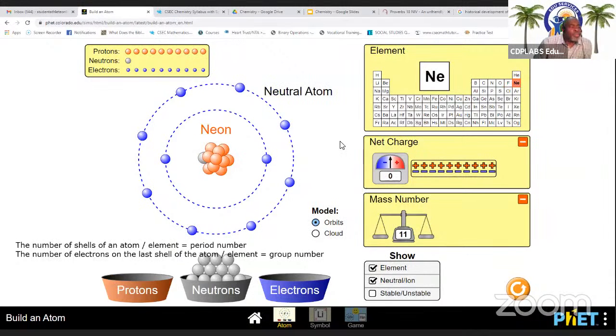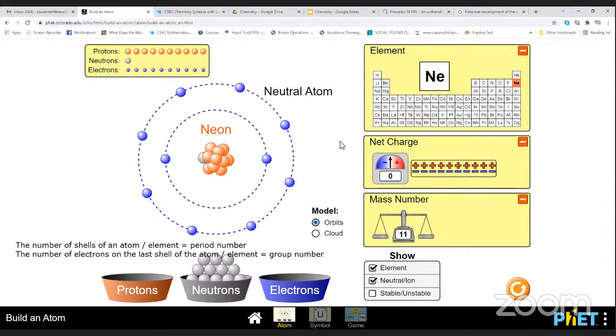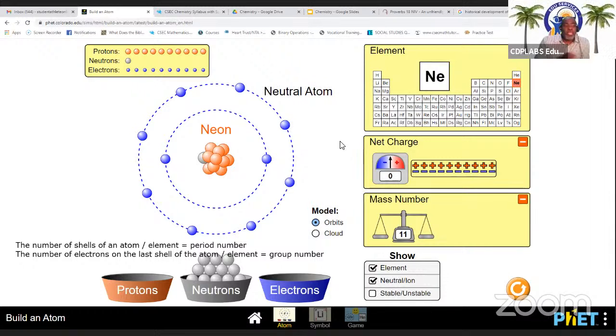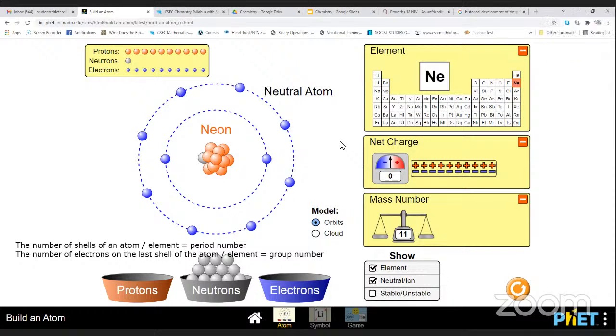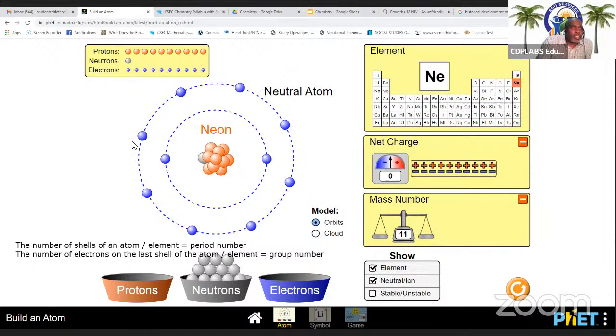So this is neon. So which group is neon in? 8. Group 8. In this case, it's actually group 2. It's a gas. So this one is not necessarily a part of the rule itself. So it's actually in group 2.